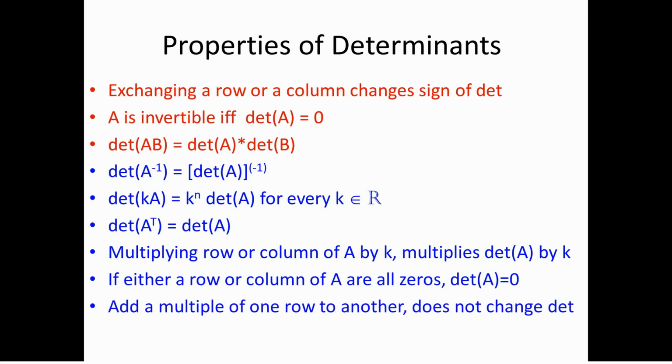If we add a multiple of one row to another, it doesn't change the determinant. This also follows from the definition, and this is worthwhile proving. It's one of the most important properties of determinants actually. Okay? So I should just mention real quick, all of the blue statements you should be able to prove, okay? The first 3 red statements are a little tricky to prove.